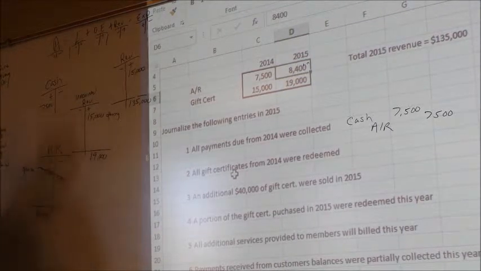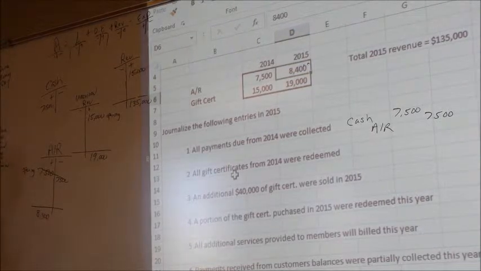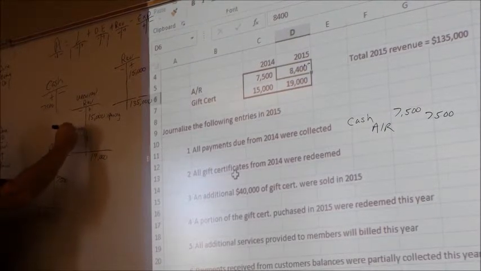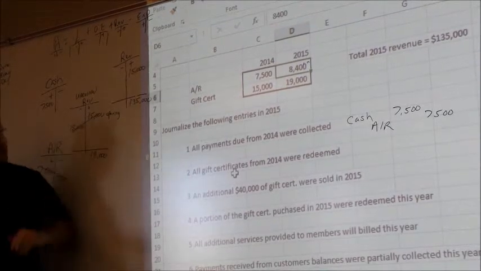And where did that service revenue come from? Unearned revenue, yeah, it came from here. What did I get? A reduction on my balance of gift certificates. Why? Because they were used.